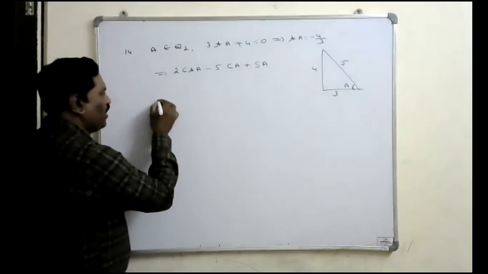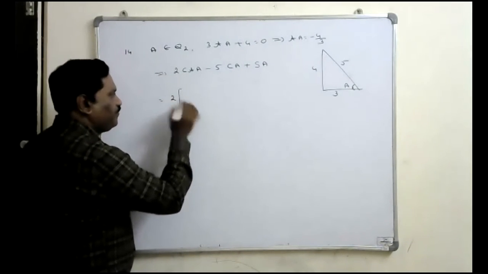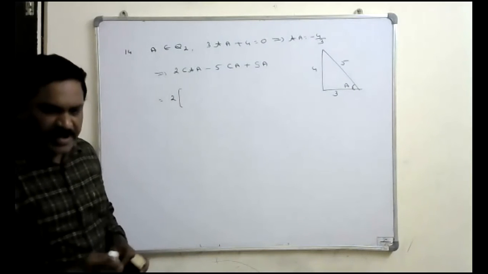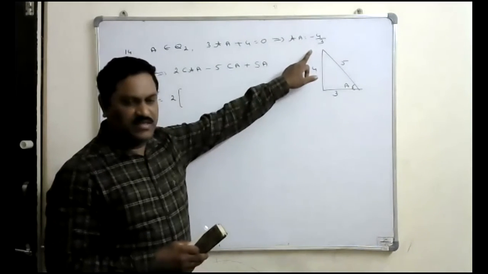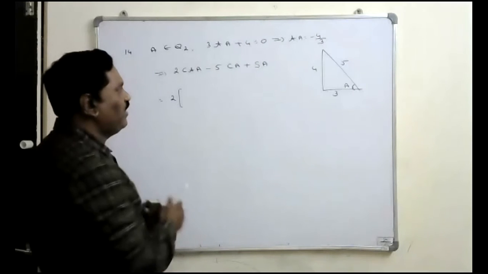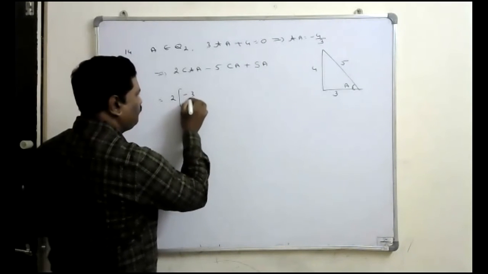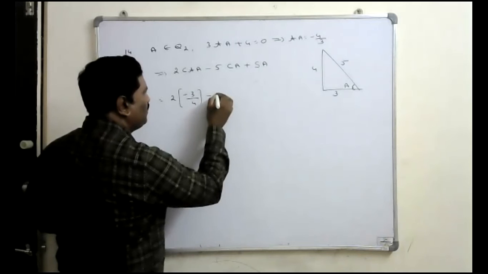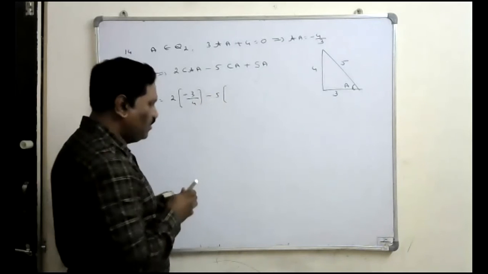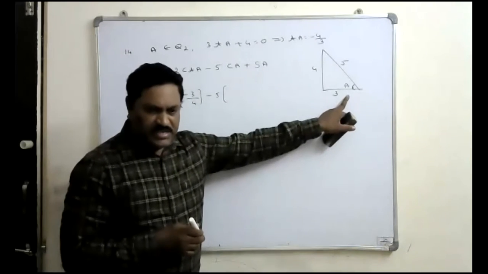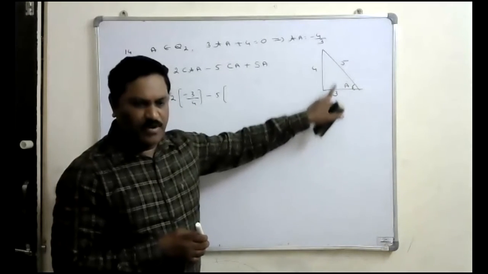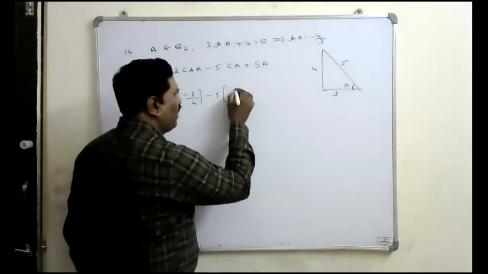So from this triangle, cot A, the reciprocal of tan, where tan is minus 4 by 3, means cot A is minus 3 by 4. Minus 5 into cos A. From this triangle, cos A is adjacent upon hypotenuse, which is 3 by 5.